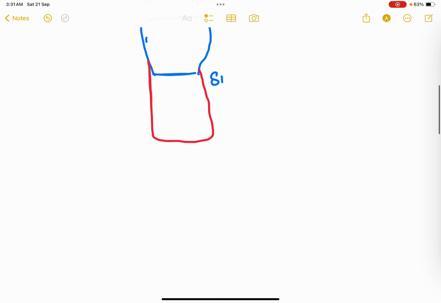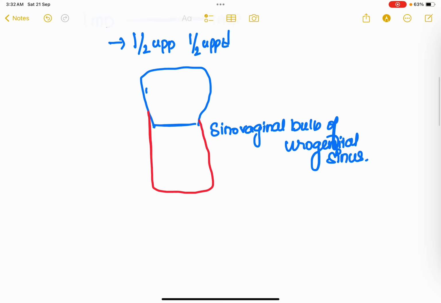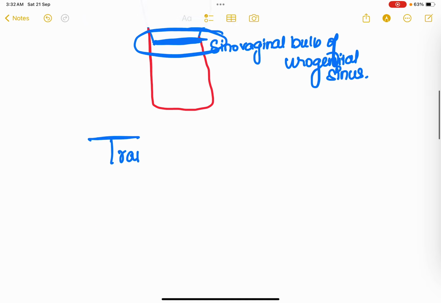Ideally, the upper part of the vagina and the lower part of the vagina are going to fuse, and a septum is formed. At around 20 weeks of intrauterine life, this septum has to resolve. If there is failure of this septum to resolve, it is going to result in a transverse vaginal septum, since it is transverse.